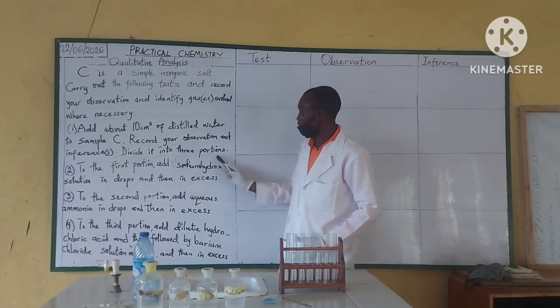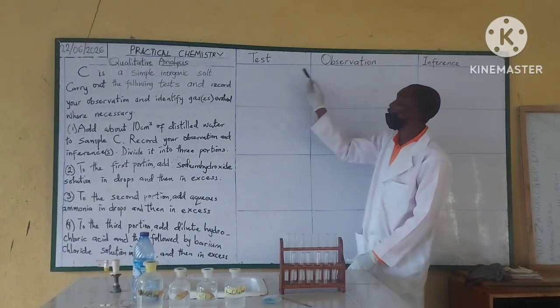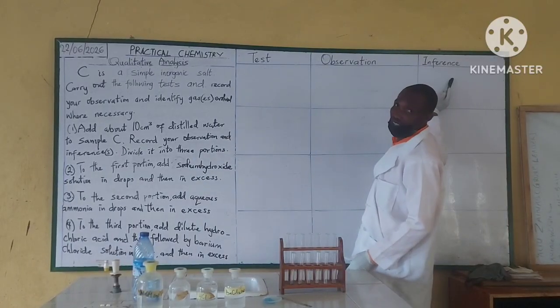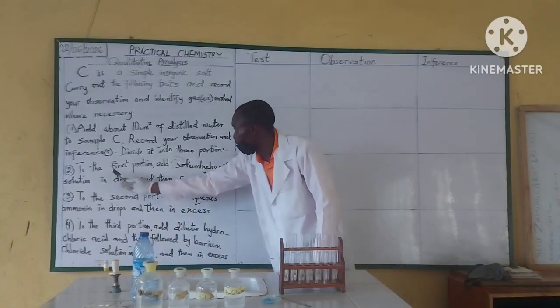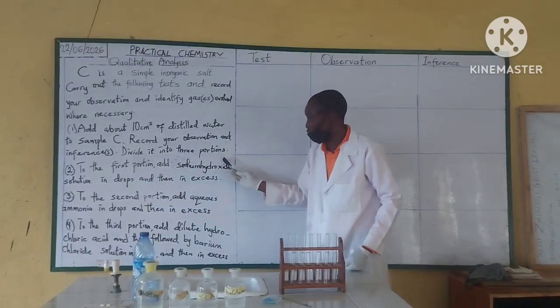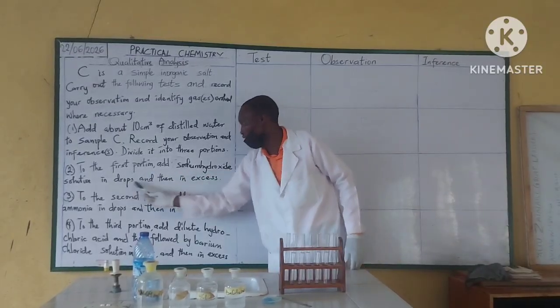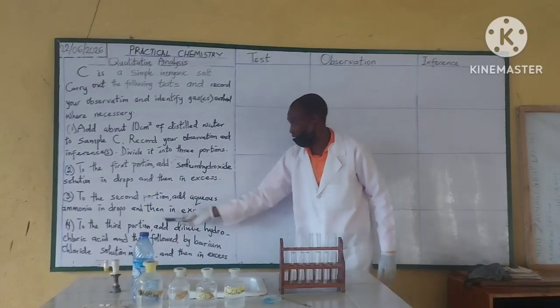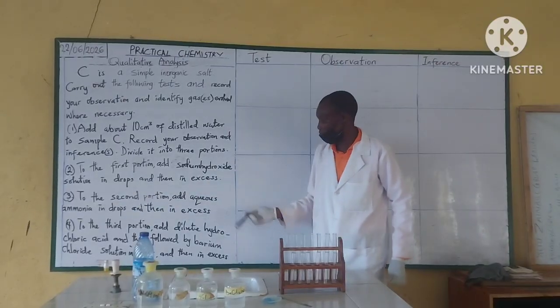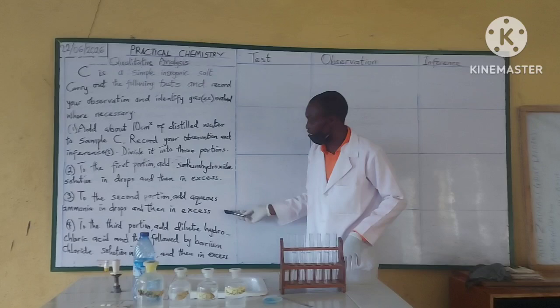Divide it into 3 portions. That's why for this aspect we have test, observation, and inference. After you have divided the solution into 3 portions, in the first portion add sodium hydroxide solution in drops, then in excess. To the second portion, you add aqueous ammonia in drops, and then in excess.